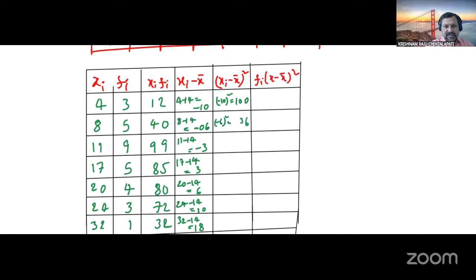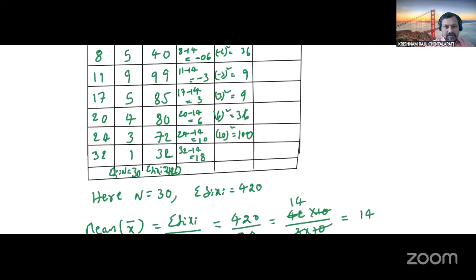Next, minus 3 whole square gives 9. 3 whole square, again 9. 6 square gives 36. 10 square gives 100. And the last one is 18 square, 324.